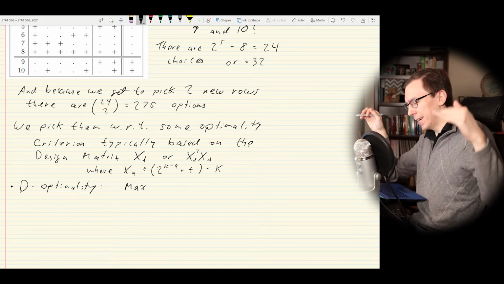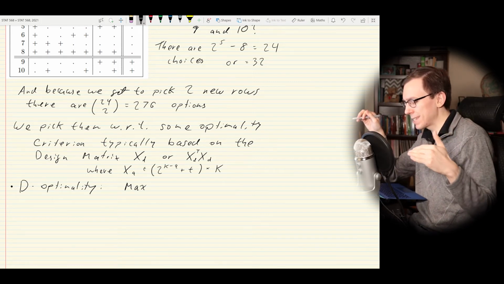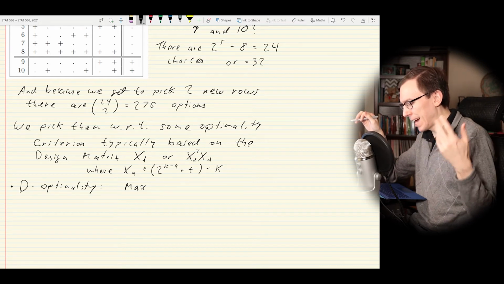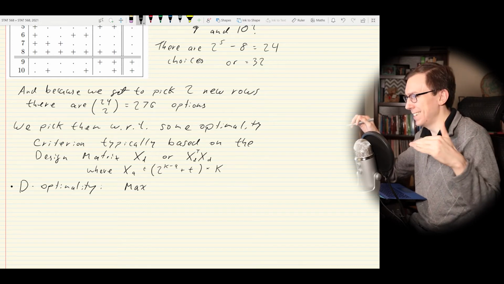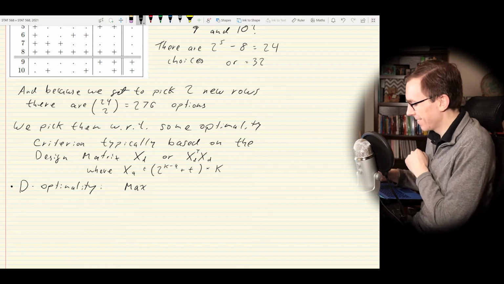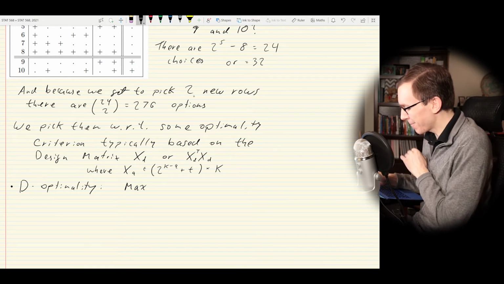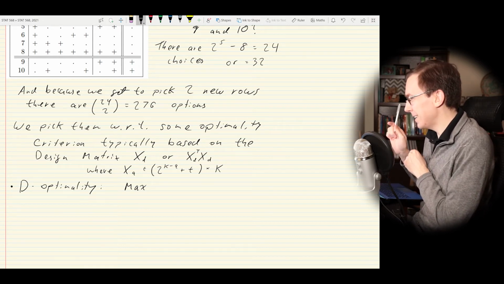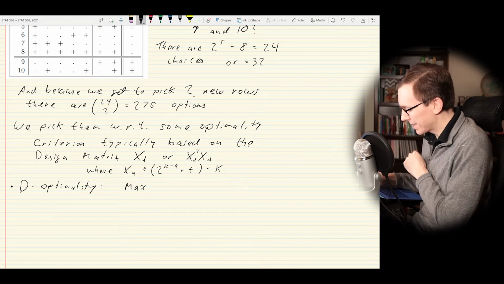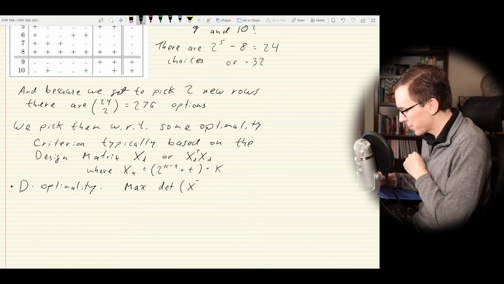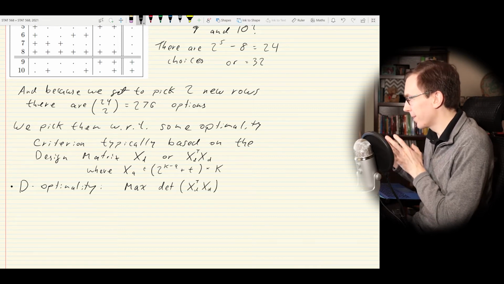Because we have 2 to the k minus q treatments plus the extra t treatments that we're adding on. Oh, that's why I chose t, because it's an extra t treatments. Okay, so I did have a reason for doing that. Anyway, the idea of D-optimality is to maximize the determinant of X transpose X with little sub d floating around here.